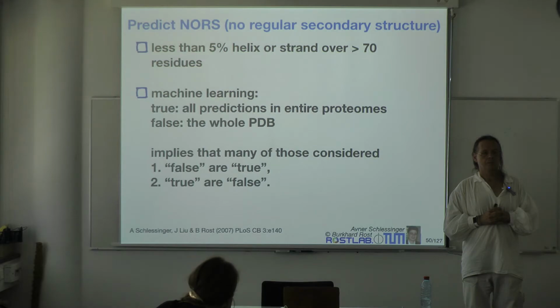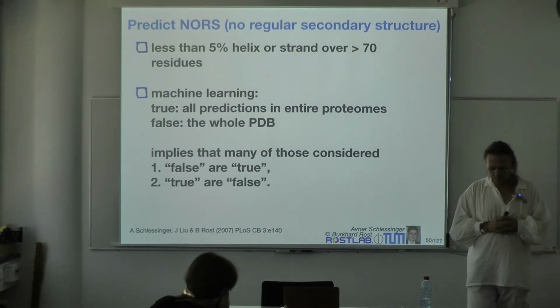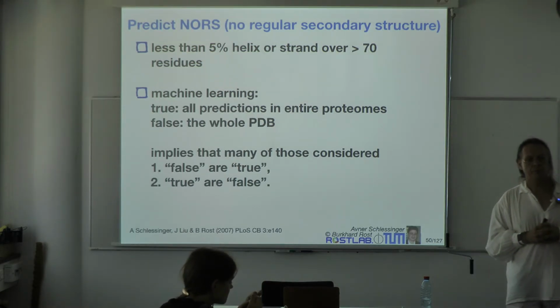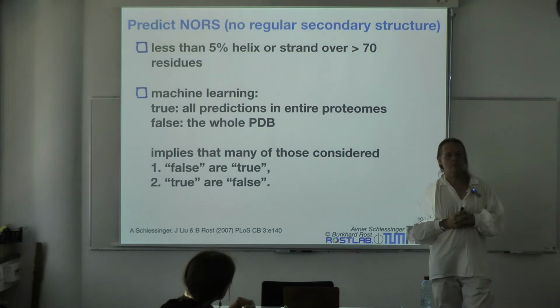And what you put in there as your negatives is the whole PDB. Yeah, so all sequence data and all structure data of the PDB. Yes. But as you have already said, there are disordered regions in the PDB. Yes.